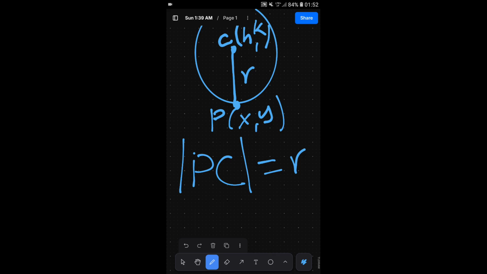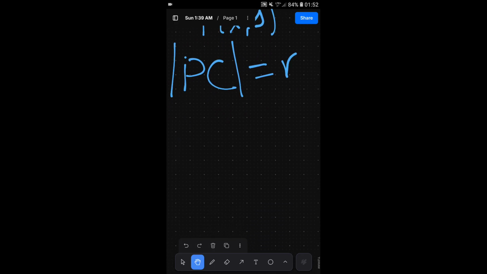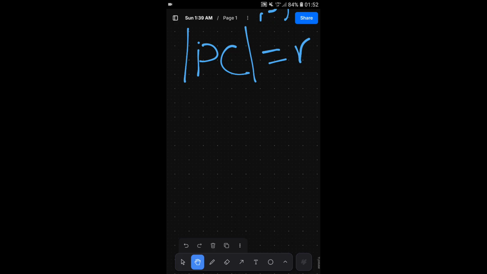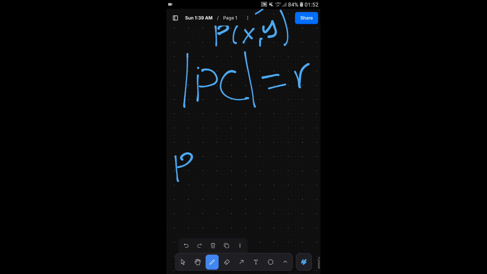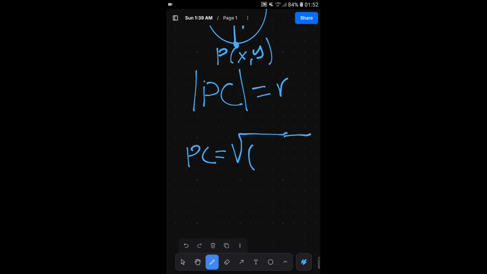According to the distance formula, the magnitude of PC is easily given by PC equals the square root of (x minus h) squared plus (y minus k) squared, and this equals r.